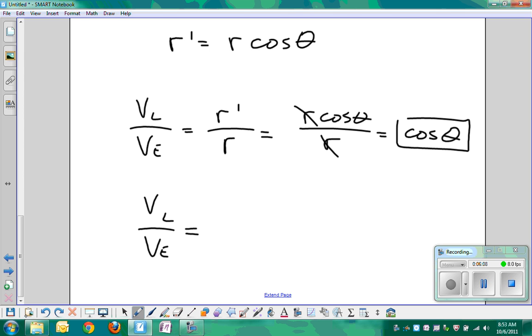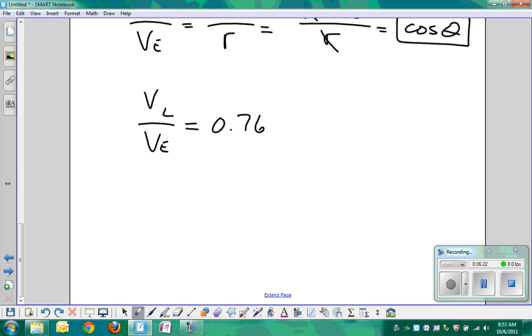Cosine 0.7 something, high sixes? Somebody got a calculator? 0.76? All right. So another way of expressing that is to multiply both sides by v equator. We get velocity at Langley is 0.76, or about 3/4 of the speed of the people going at the equator.